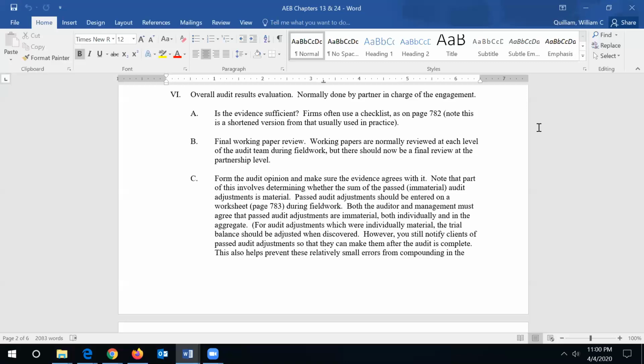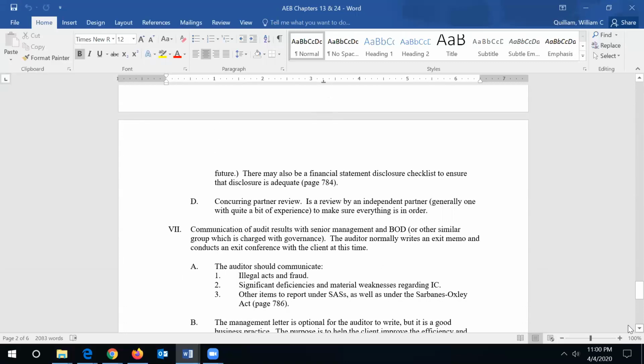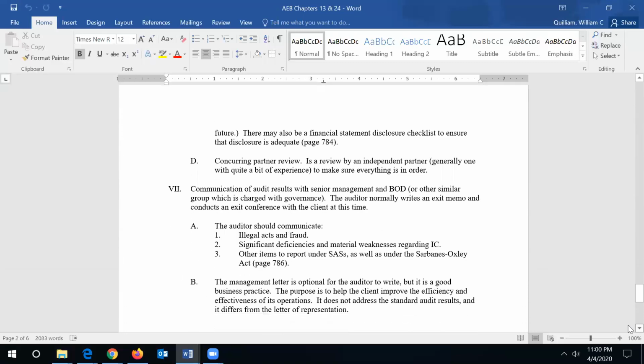And there in parentheses, by the way, for audit adjustments which were individually material, the trial balance should be adjusted when discovered. However, you still notify clients of past audit adjustments so they can make them after the audit is complete. This also helps prevent these relatively small errors from compounding in the future, because they tend to get bigger, so the client should think about root cause analysis and hopefully address the root cause, clear up any small things now so that they don't become larger in the future.